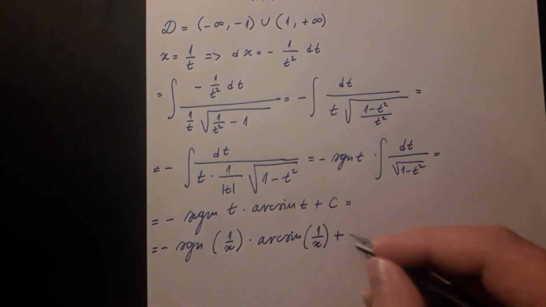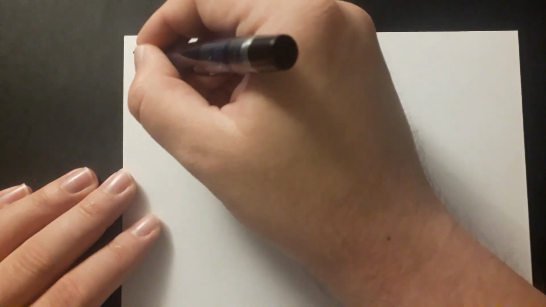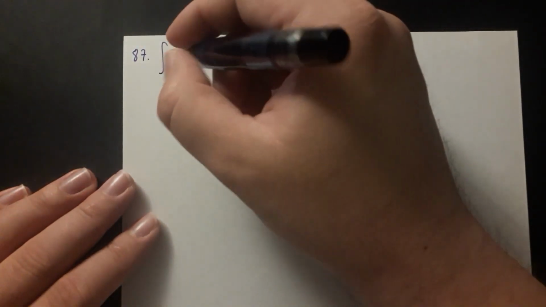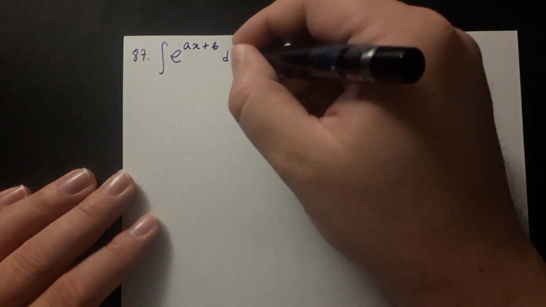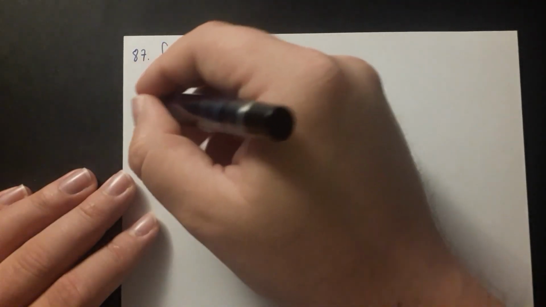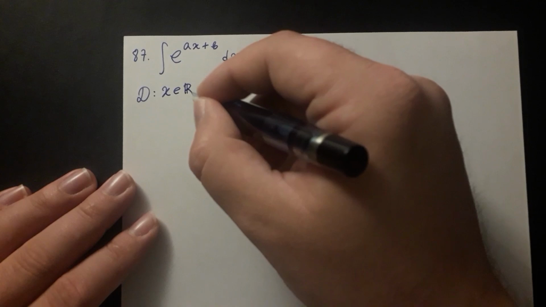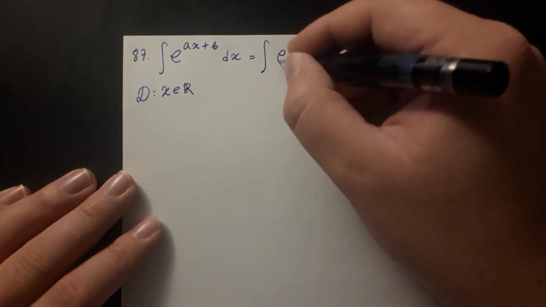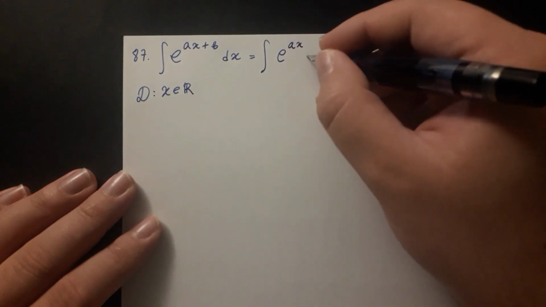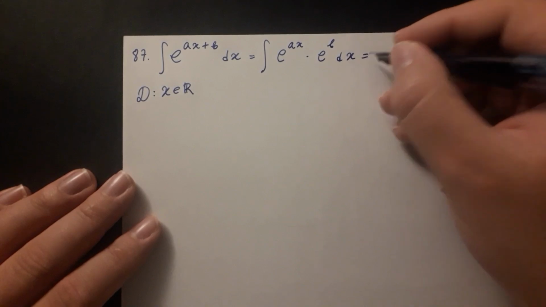Integral number 87 on our list is the integral of e to the power ax plus b dx. The area in which this integral is defined is all x which are real numbers. This integral is equal to the integral of e to the power ax times e to the power b dx.